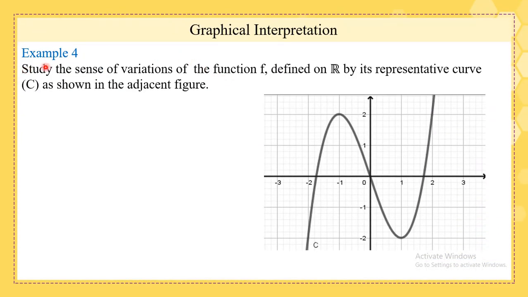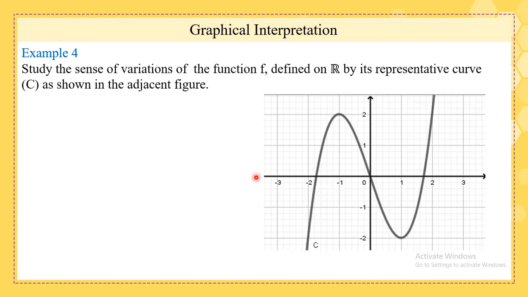Now, example 4. Study the sense of variations of the function f defined on R by its representative curve C as shown in the adjacent figure. As you see, this function is defined on R and it has several senses of variation. First, it's increasing, then decreasing, then increasing. Now, if you have to study the sense of variations, we have to study it according to the values of x.